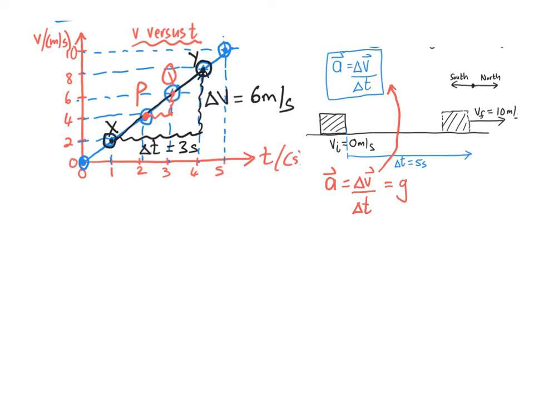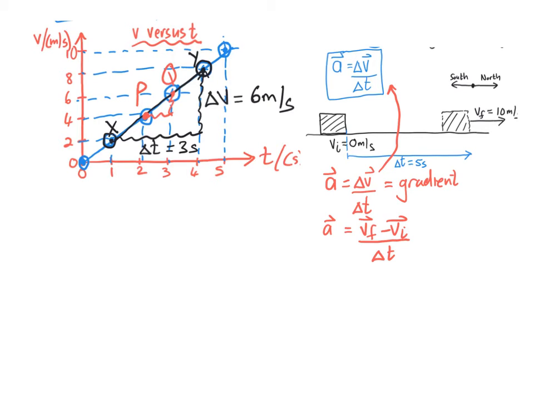So that is the gradient of the graph. Now, if we replace the change in velocity with V final minus V initial over delta t, then we get another expression for the gradient and the acceleration.